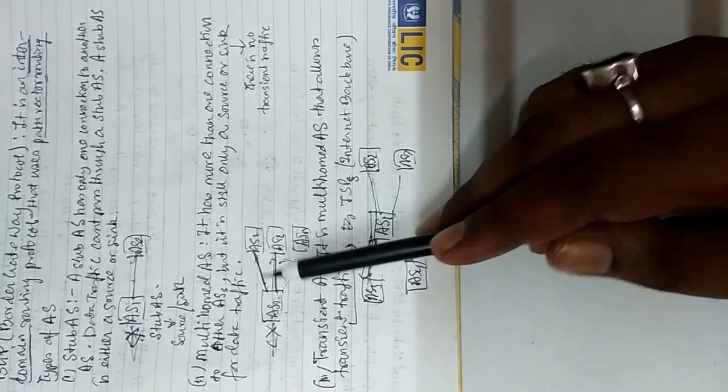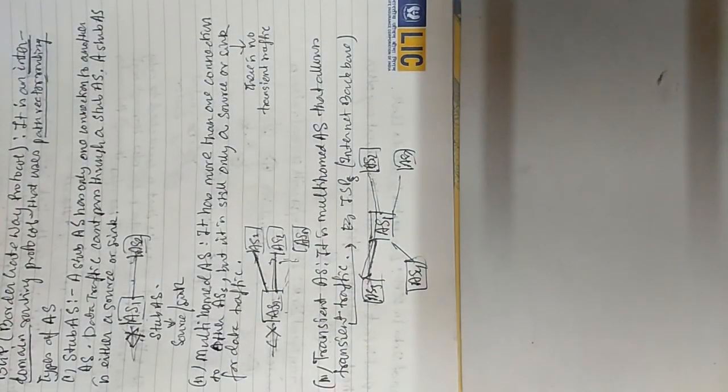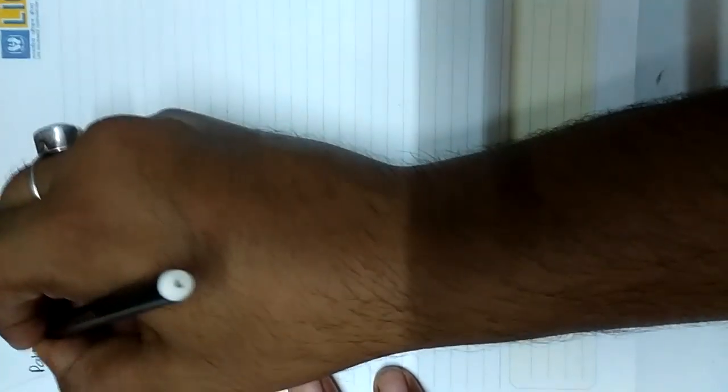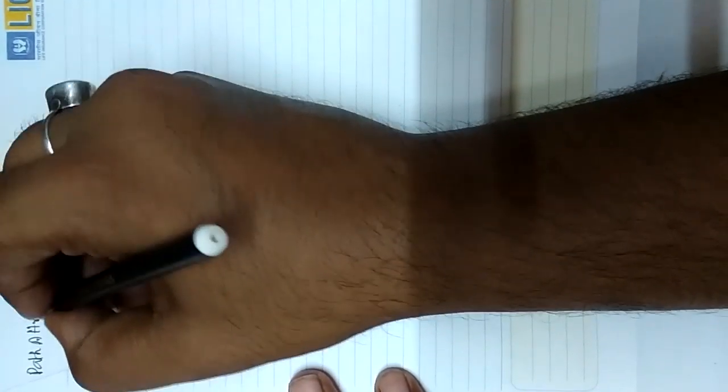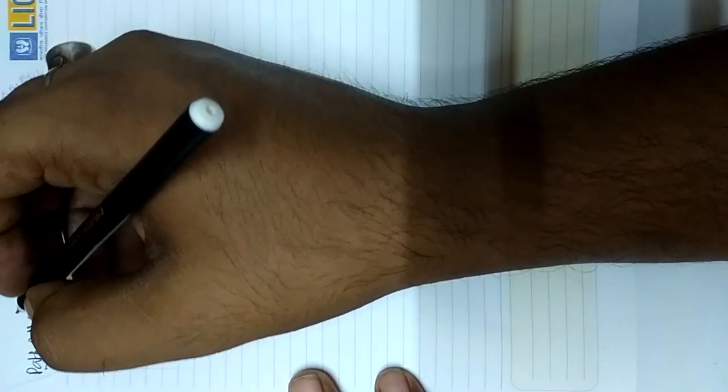Okay, now next we will study some path attributes. There are two kinds of path attributes.